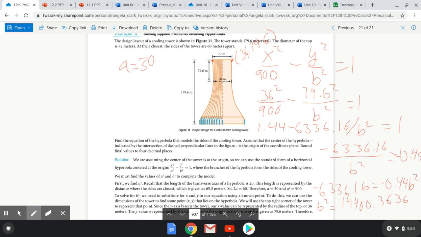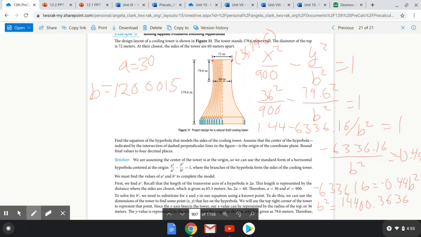So then our next step, of course, is to take the square root of both sides. So if we take the square root of the answer that's already in my calculator, I get 120.0015. So I'm going to write that over here because I don't have room. Okay, so that's b.